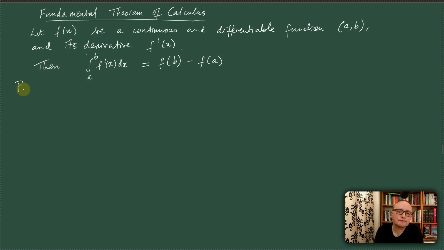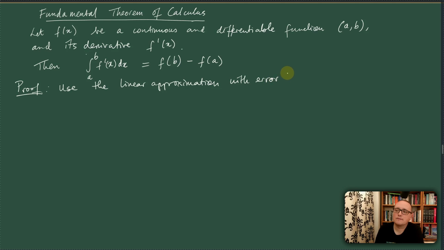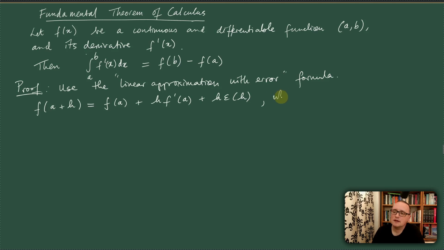Now to prove this, we will use the linear approximation with error formula, which says that if you evaluate a function f at value a plus h, what you get is the value of the function f at a plus h times the value of the derivative of f evaluated at a, and then you get an error term which is the form of h times epsilon h, where this error term has the feature that the epsilon h part still converges to 0 as h goes to 0.